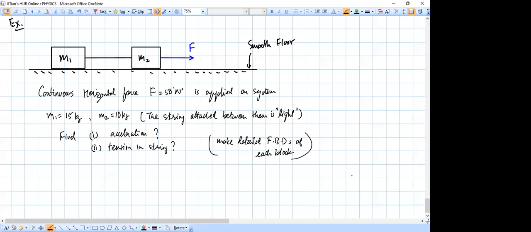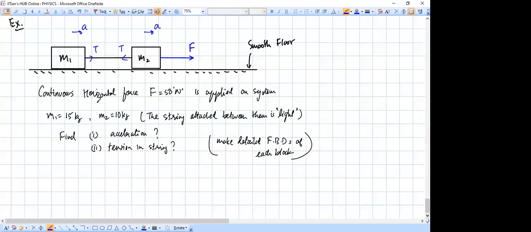Okay, so let us understand the free body diagrams. So here tension will be acting like this. It will act backwards on this block and forward on this block. And whatever acceleration M2 has, the same acceleration M1 will have.